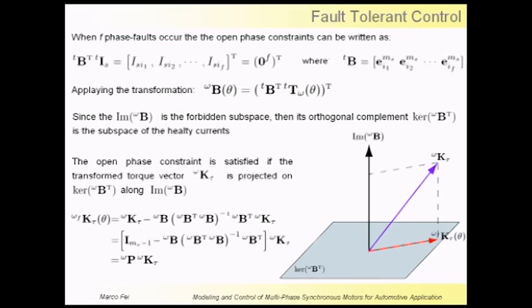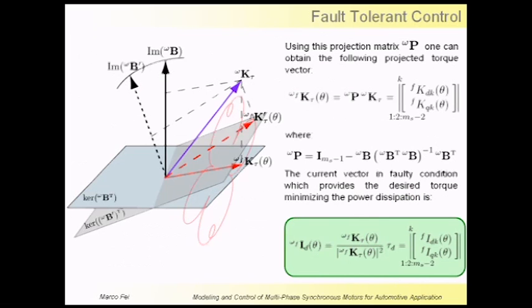So the torque vector must be projected onto the subspace of the remaining healthy currents along the forbidden one, using this projection matrix. Using this torque vector in the minimum dissipation torque control, one obtains the reference current that provides the desired torque also in fault condition without ripple.